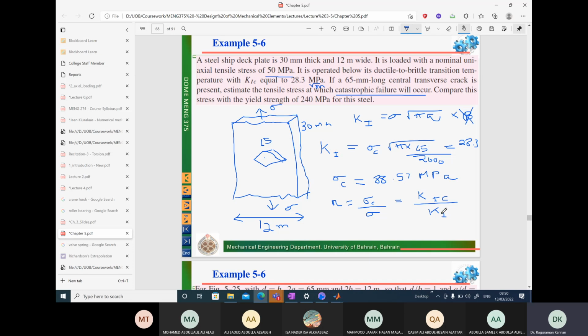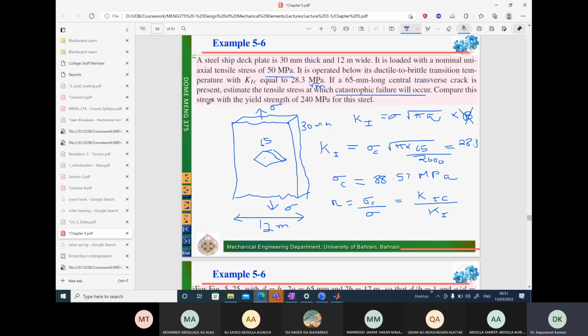We obtain the KIC value by taking the sigma c value and multiplying by root pi a, and we get the KI value by taking the sigma value 50 and multiplying by root pi a. So root pi a in numerator and denominator will get cancelled, and we can easily calculate our factor of safety as sigma c over sigma. So this also will give us the factor of safety in this particular case.